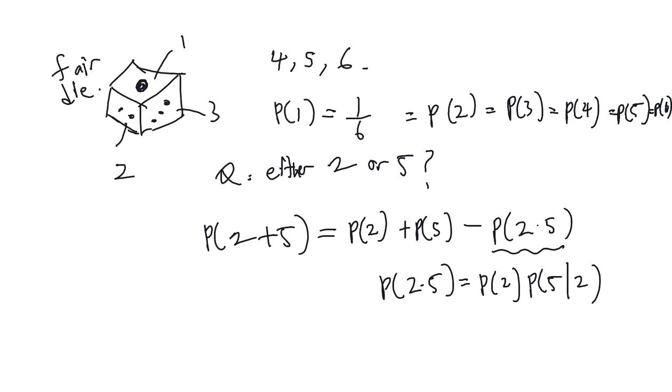And the thing here is, okay, this is a single die. You throw it once, so at the same time you cannot have two outcomes, right? So you cannot have outcome 5 and outcome 2 at the same time.